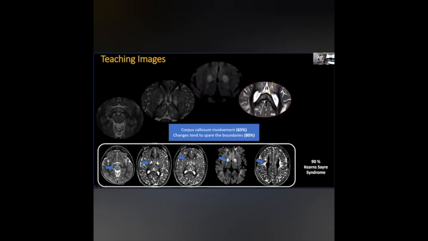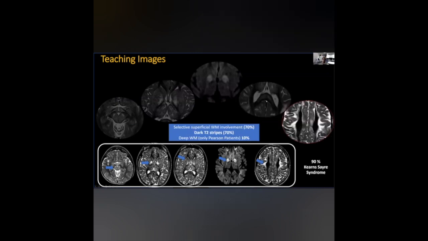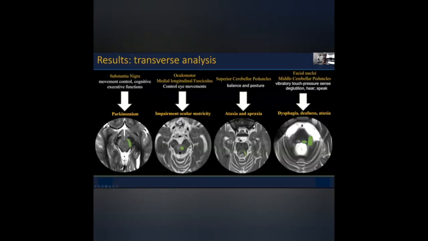Involvement of the corpus callosum, normally sparing the boundaries, is very characteristic as well. And the white matter, as I said, is not a common finding in the early stage of disease, but very characteristic for cancer, normally with these dark stripes that may help you in the diagnosis.